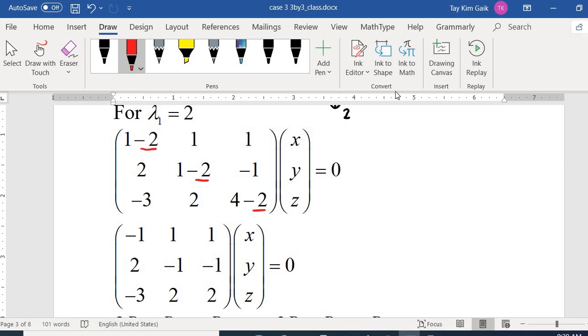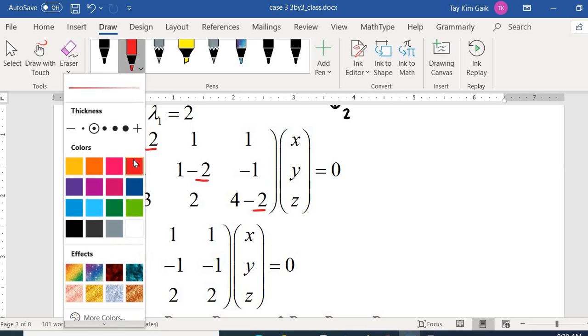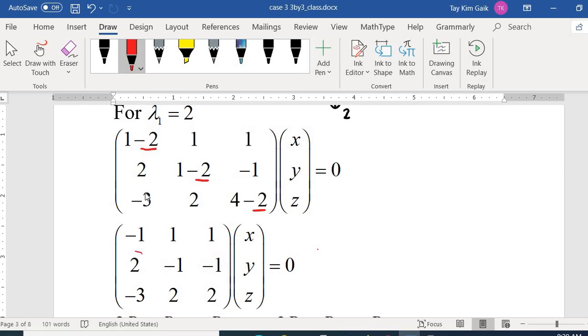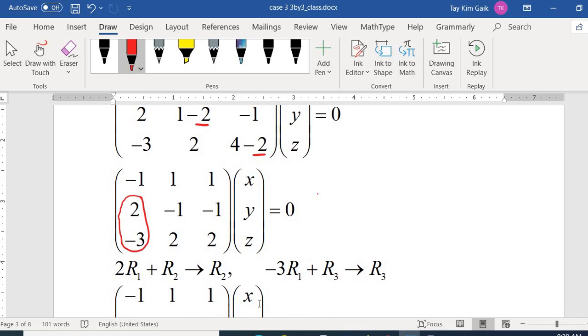To do this, I observe that we are going to reduce the entries A21 and A31 to 0 by using a suitable row operation. There are no changes on row 1. I observe this value is negative 1.